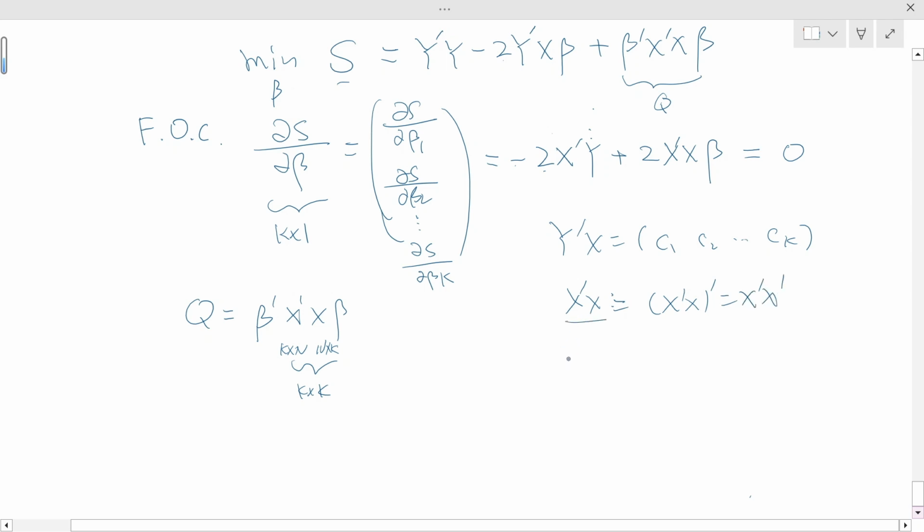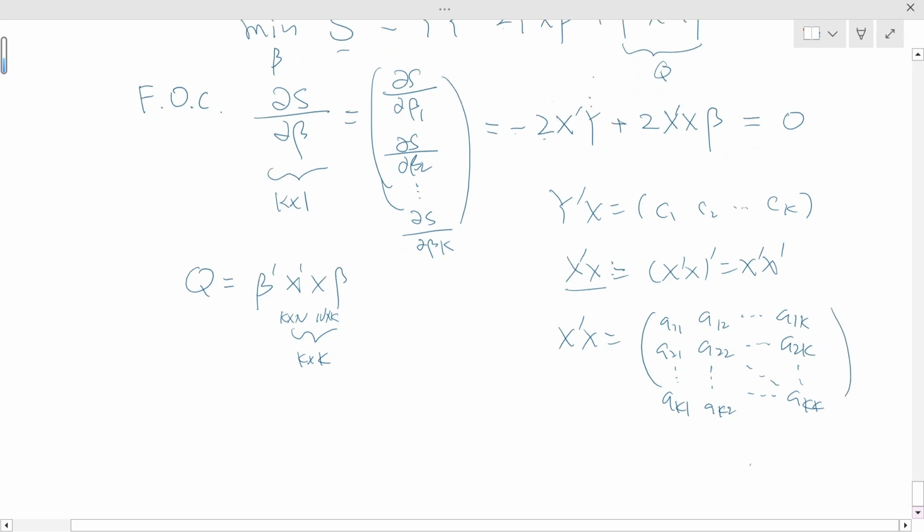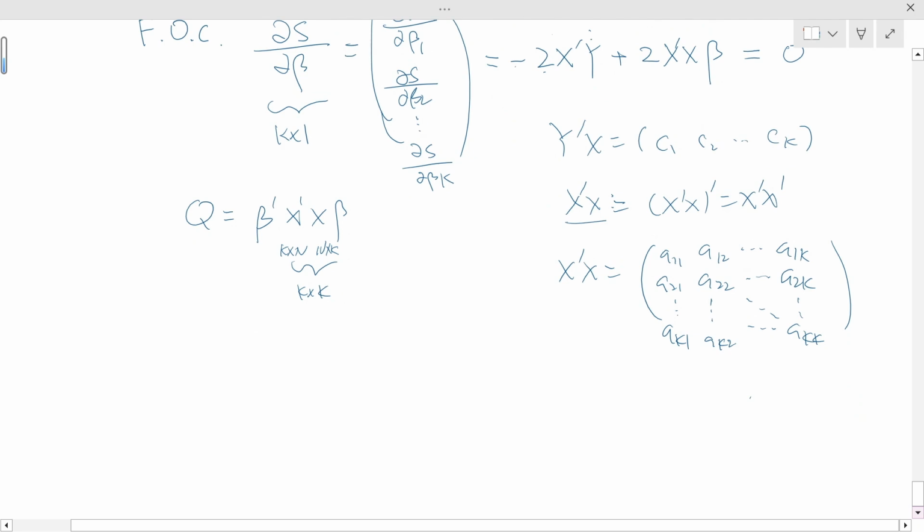So let's call x prime x a11, a12, a1k, a21, a22, a2k, ak1, ak2, akk. Okay, and note that because x prime x is symmetric, x prime x is equal to its transpose.